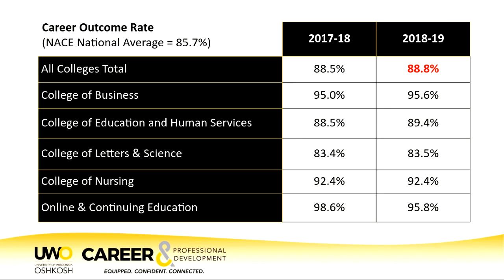That is, they are either working full-time, part-time, attending graduate school, or in the military doing some volunteer work. That compared to the national average is about 85.7%. So we're right around where the national average in terms of student outcome is.